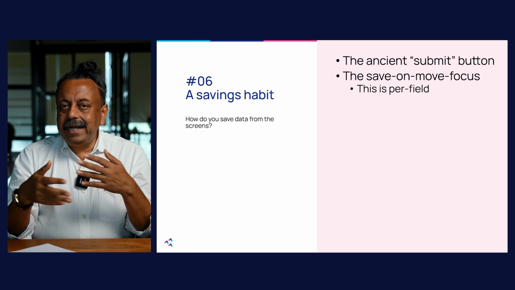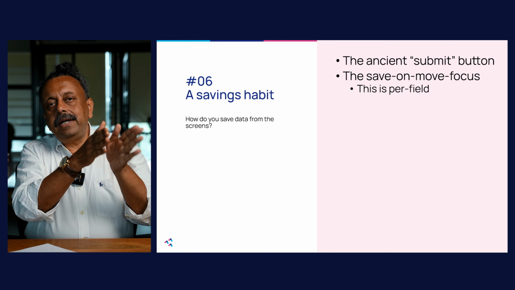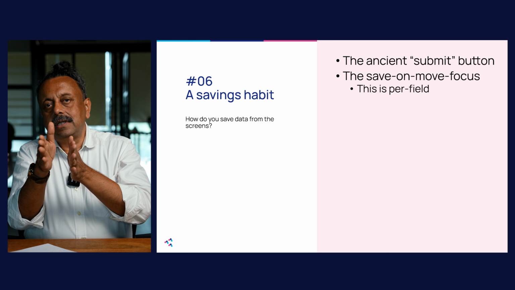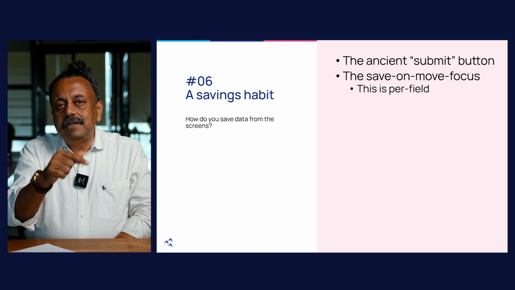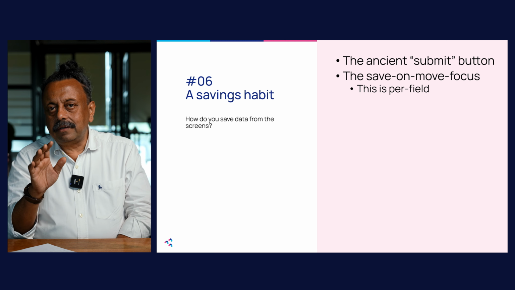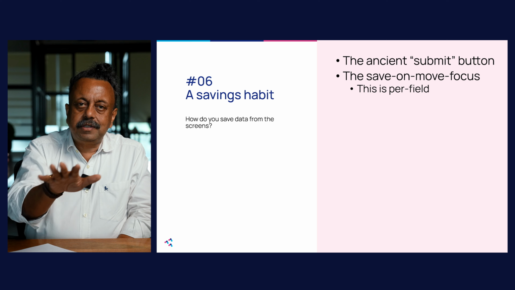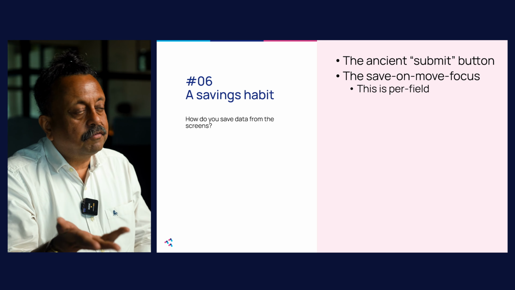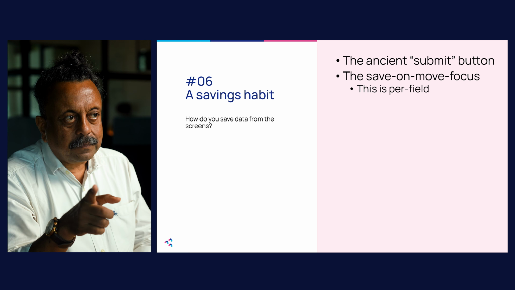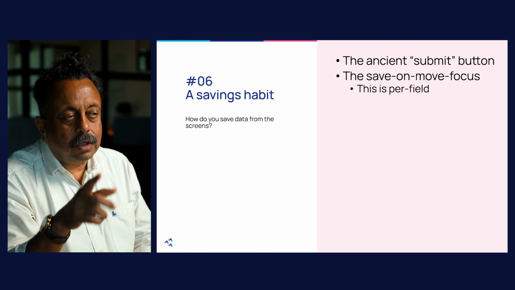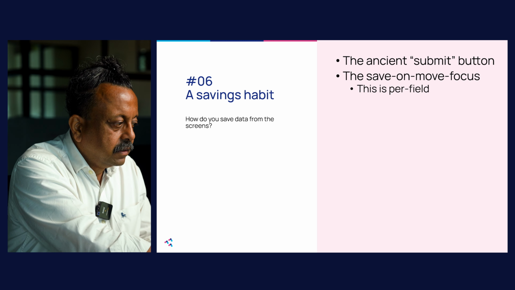So when you are editing an existing record in Google Contacts, movement of your focus from the current field to the next field triggers an invisible implicit saving of data. So save on move focus is another approach to saving, which is very different from the submit button. You have to decide what is better for you, but the web service call changes depending upon what the UX team decides is the right UX for your application.